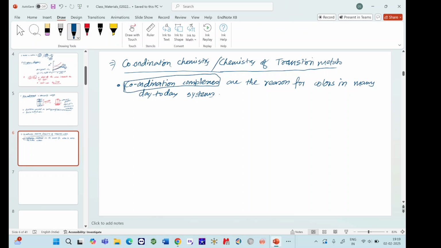First of all, we discuss that a coordination compound is a complex. Okay, it's not a compound. So there is a distinct difference between compound and complex.